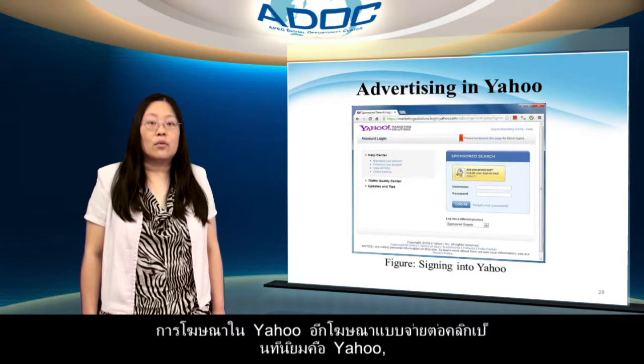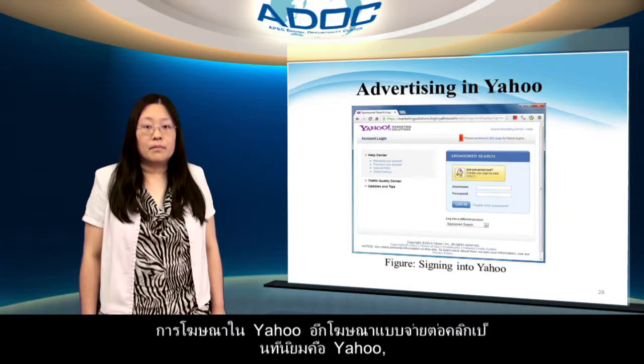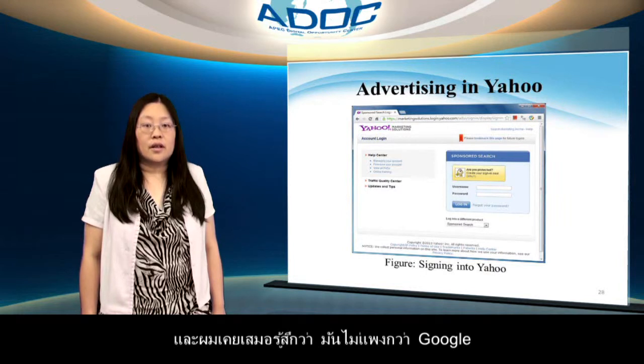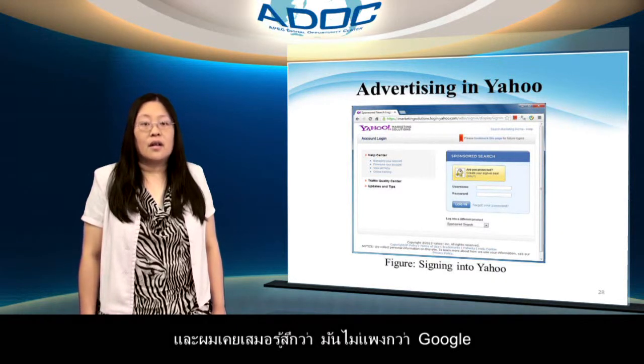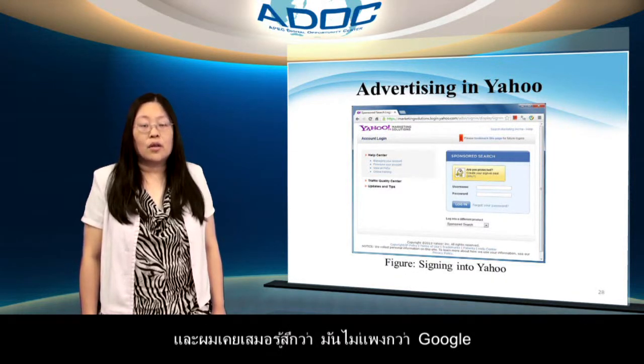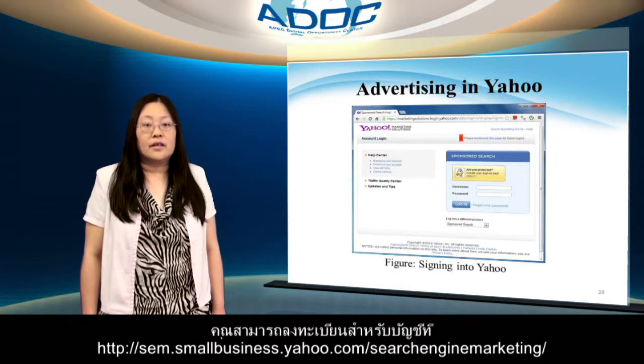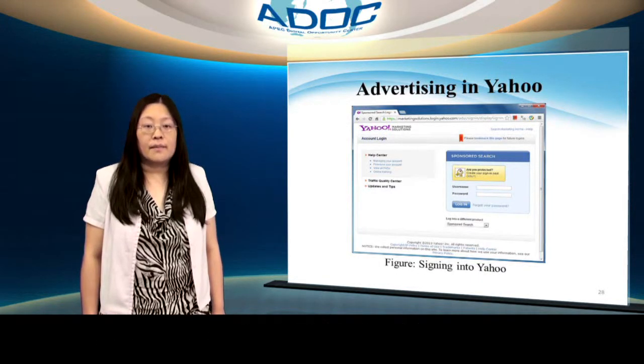Advertising in Yahoo. Another popular pay-per-click advertiser is Yahoo, and I've always gotten the impression that it's less expensive than Google. You can sign up for an account at http://sem.smallbusiness.yahoo.com, search engine marketing.